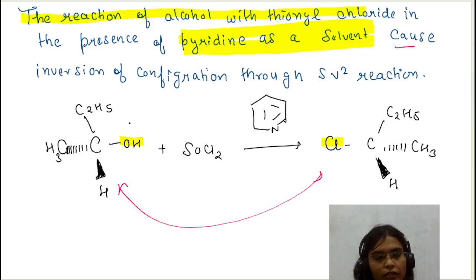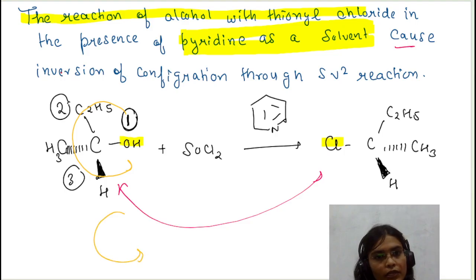Priority wise, the atom which has the maximum atomic number gets the first priority. So this one, because oxygen has atomic number 8, and then next is going to be this carbon, 2 carbon, and then 3. So if you follow this, how is the rotation? It goes like this. Is it clockwise or anti-clockwise?